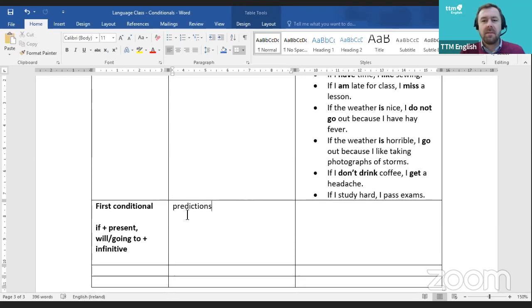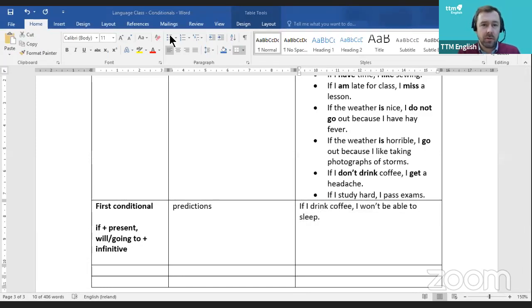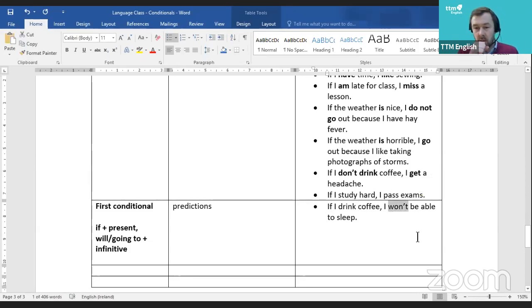If I use the coffee idea again, if I drink coffee, I won't be able to sleep. That's the first conditional. It's a negative because the negative of will is won't or will not.